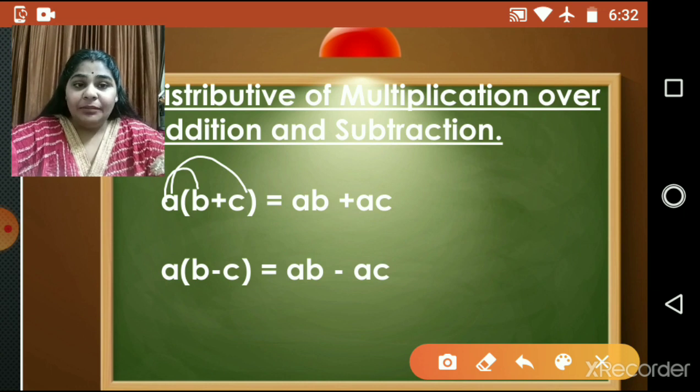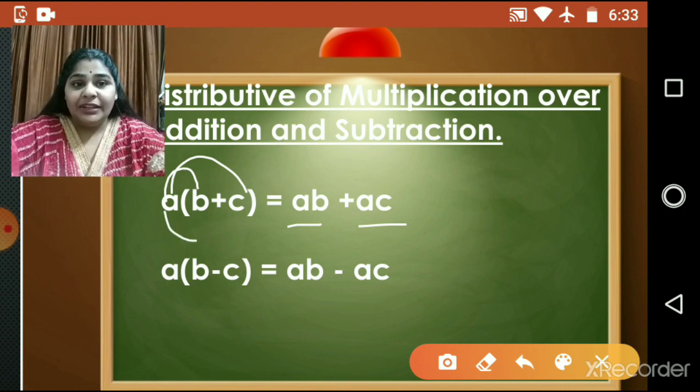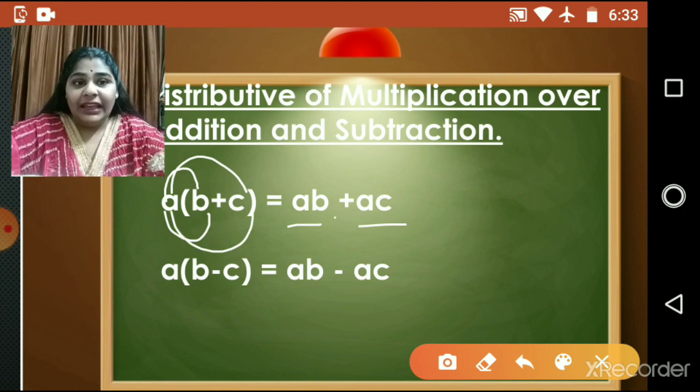So this can be done in the form of ab, that is I will do the multiplications first and then add both the products, that is ab plus ac. Basically I am opening the bracket. First I will multiply ab and then I will multiply ac and then I will add them, right? Because addition is there inside the bracket.